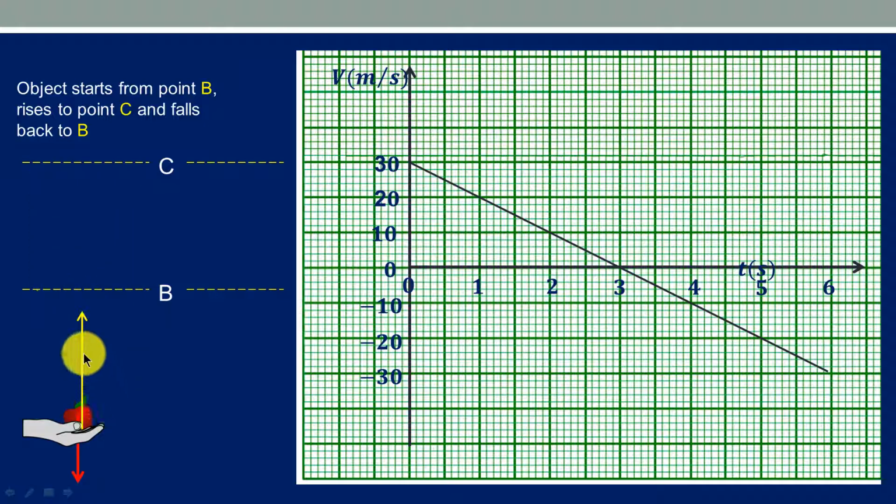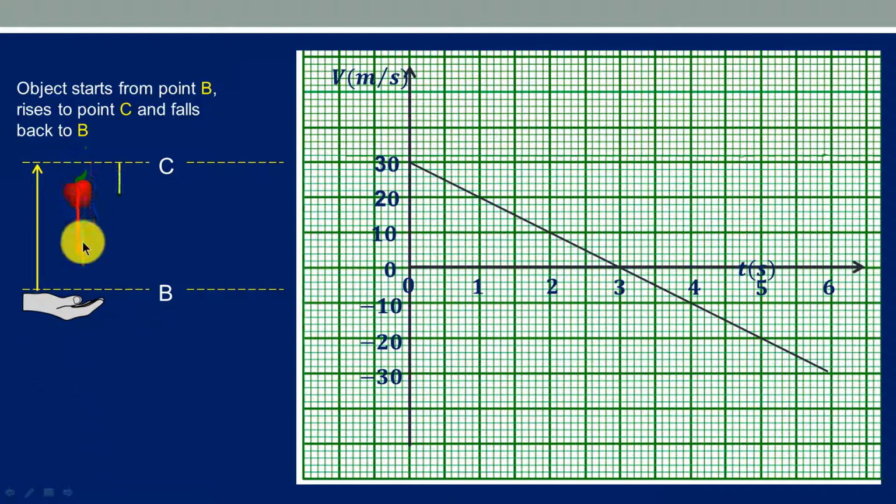Notice the length of the force applied by the hand on the apple is not the same as when the apple is not in motion. So here we go. That force disappears, the weight still remains, it comes back here, and the force reappears, but it's got a lower magnitude than when the apple was being accelerated upwards.